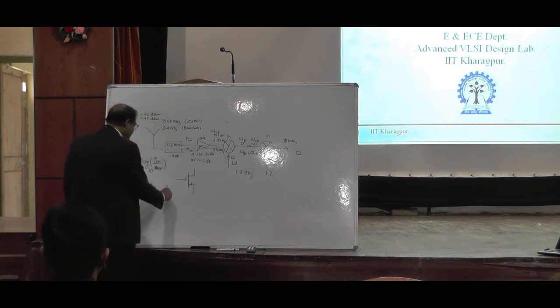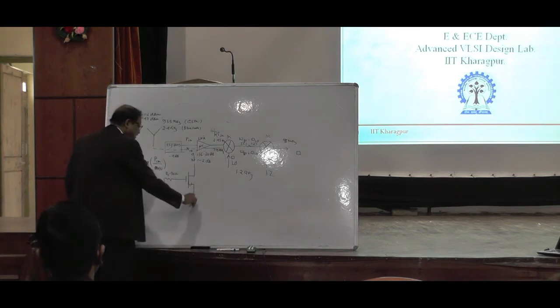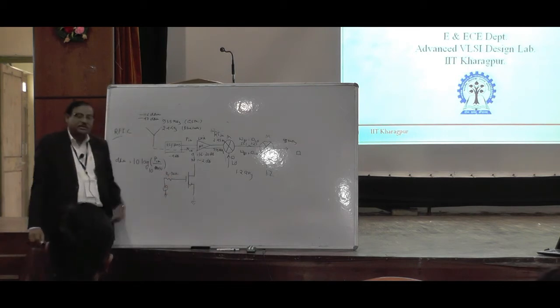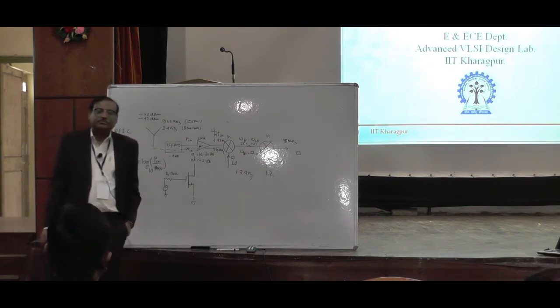Suppose the signal coming from the antenna after the filter is that signal, and I am assuming the source resistance Rs equals 50 ohm. I am not going into the later stages, and this is grounded. So it is fed to the gate of this transistor.